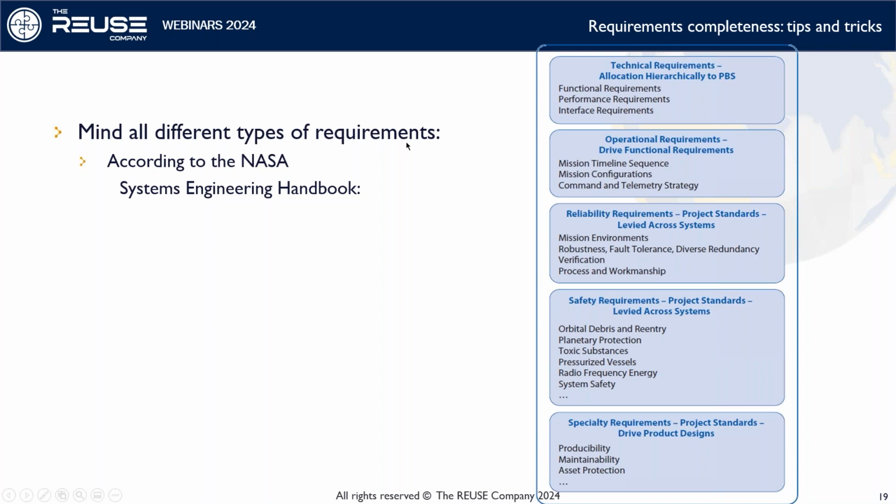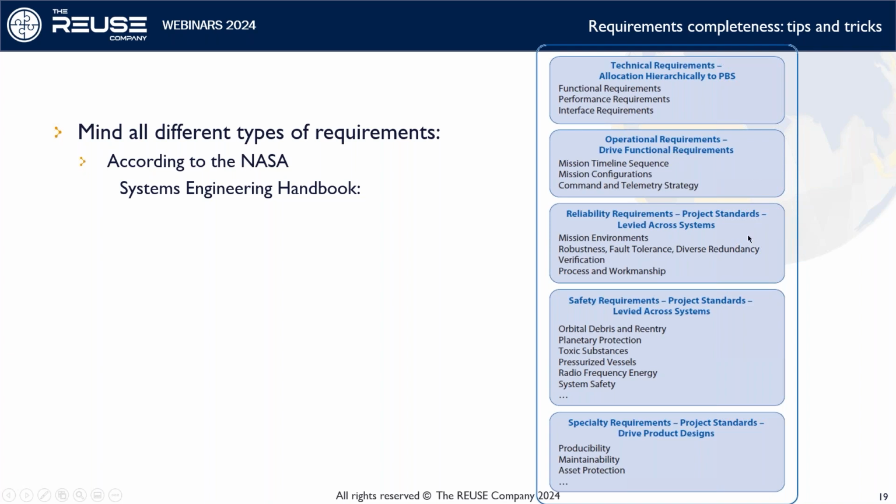Considering the different types of requirements here, according to the NASA Systems Engineering Handbook, you see that we have some requirements types covering different aspects of the system definition. So we have technical requirements, which are mostly where the effort is put. So functional requirements, performance requirements, interface requirements. But we also need to consider operational requirements.